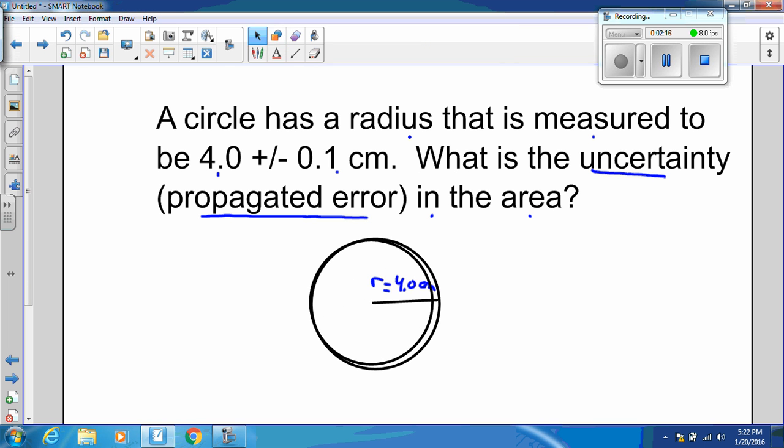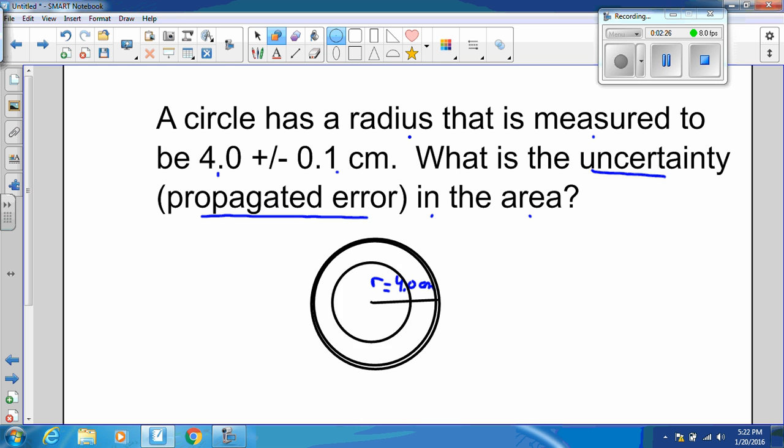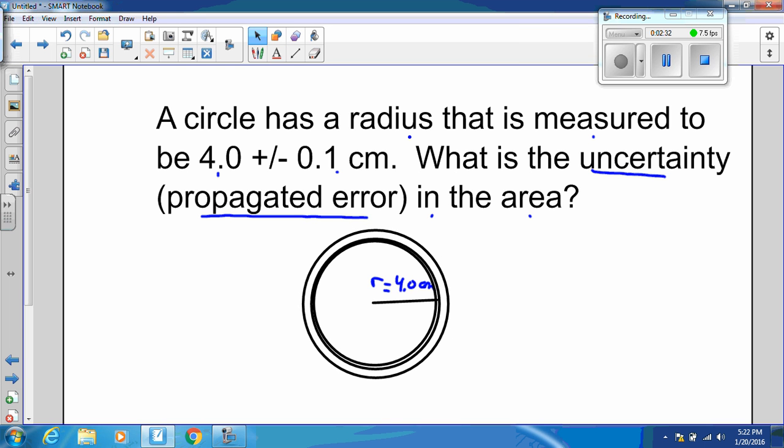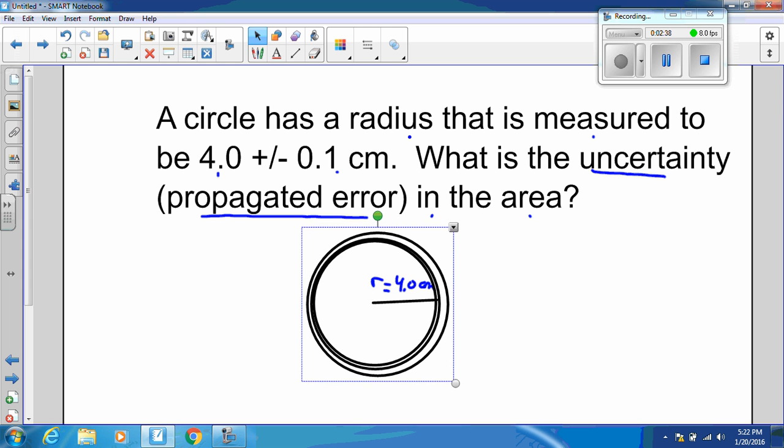And so it may be the case that the radius is actually 3.9 centimeters, or it may be the case that the radius is actually 4.1 centimeters, and as a result of this uncertainty in the radius, there's going to be just a little bit of uncertainty in the area.